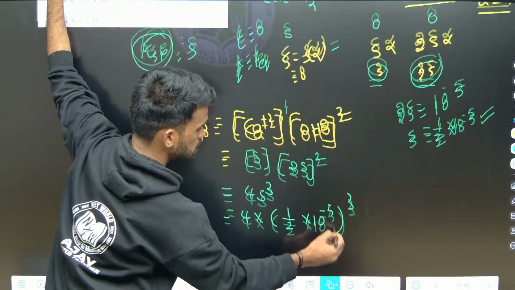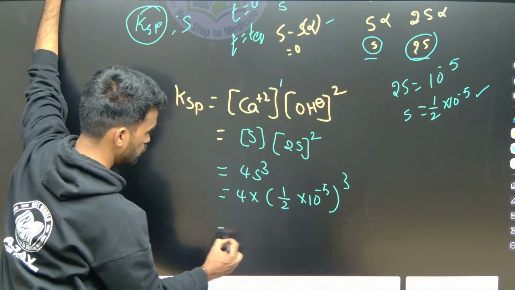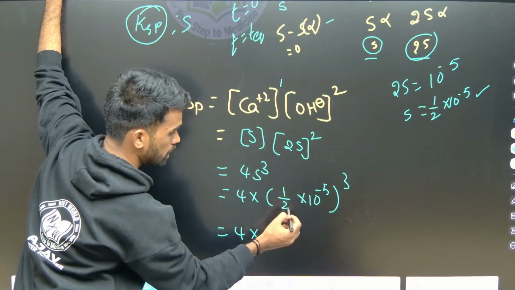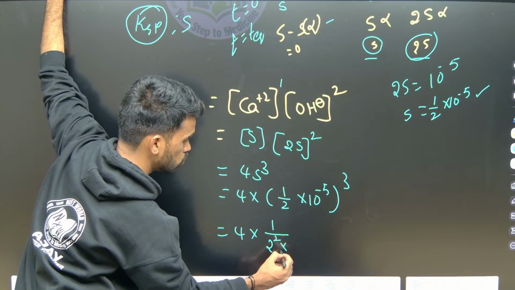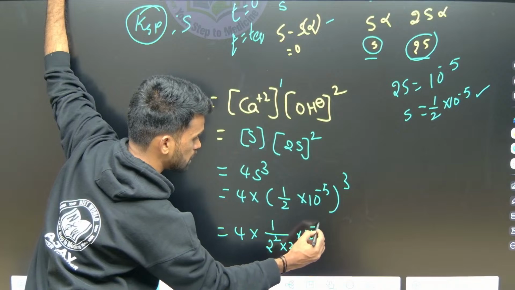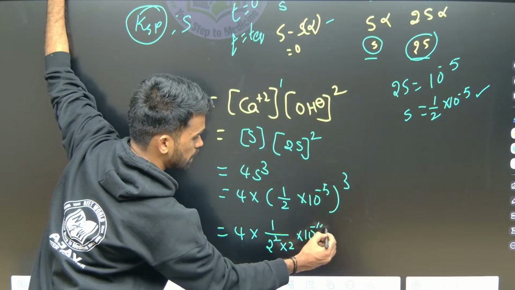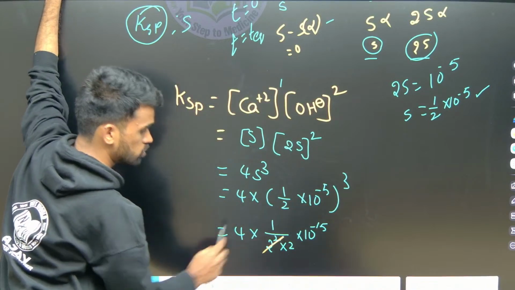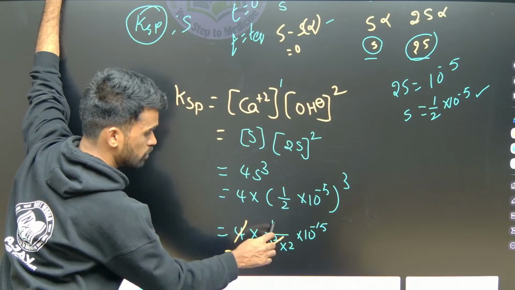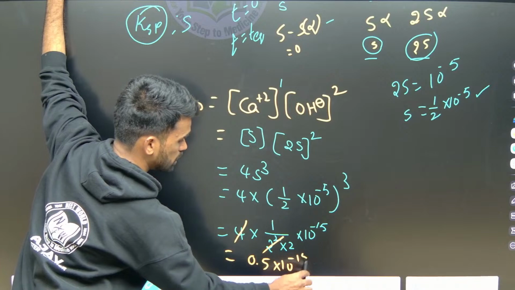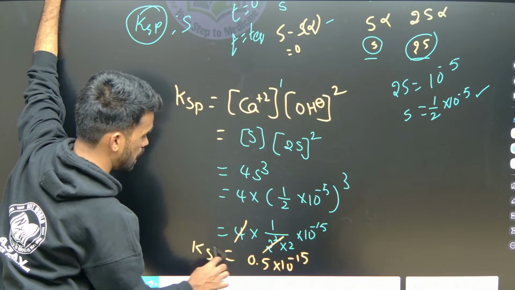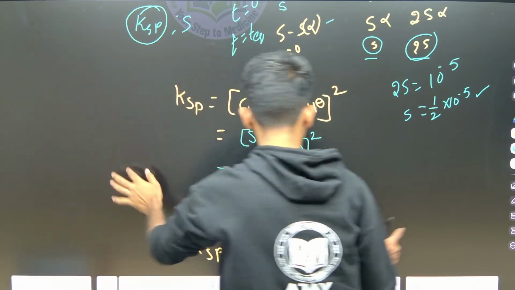So this one can be written as 4 into 1 by 2 cube into 10 power minus 15, since 5 times 3 is 15. So 2 cube is 8, and 4 by 8 means 0.5, into 10 power minus 15. This is the KSP value. Okay, this is how we need to calculate.